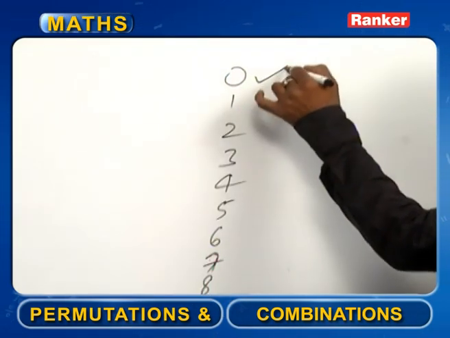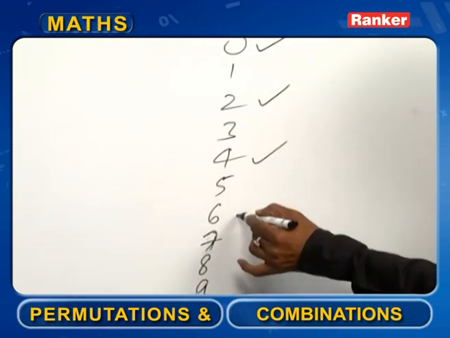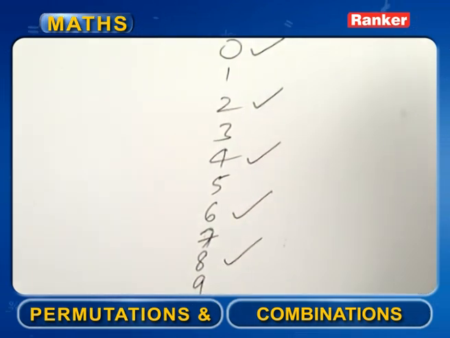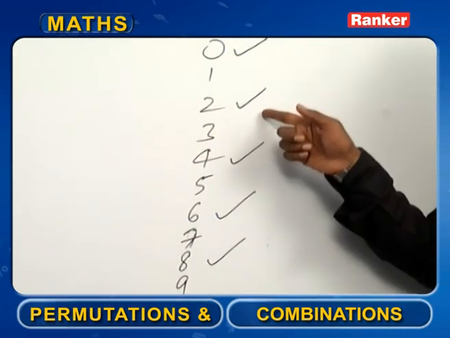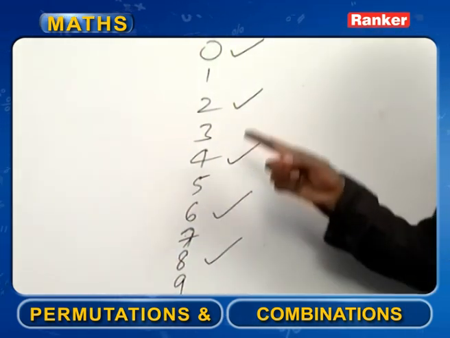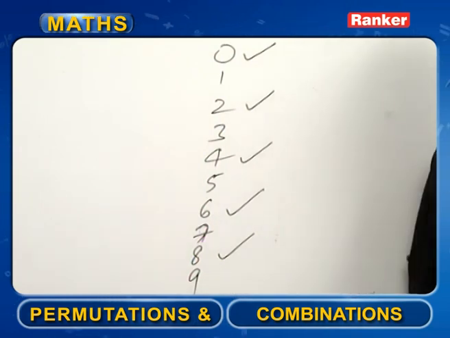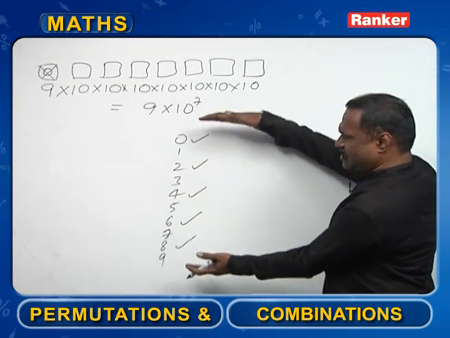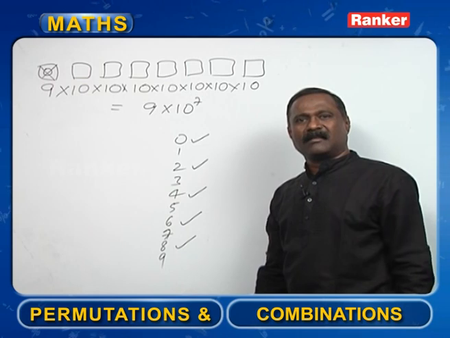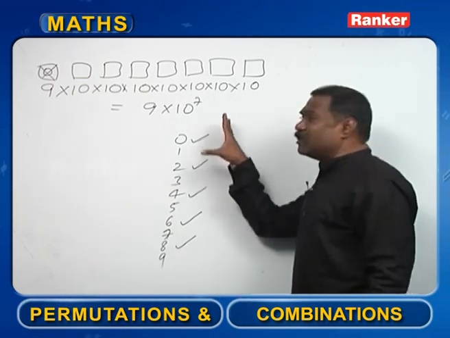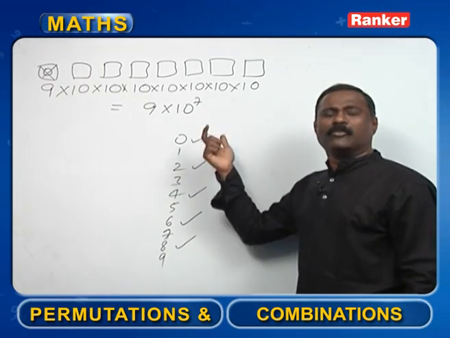This is even, that is, 5 digits are even and 5 digits are odd. That means all these digits, you can understand, they are equal in number, 5 even, 5 odd.